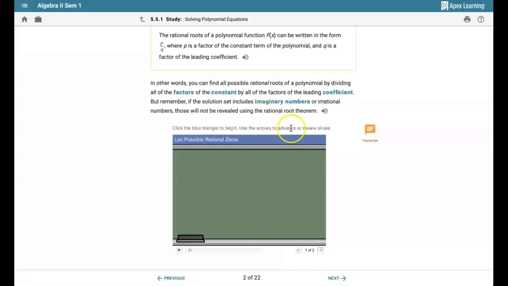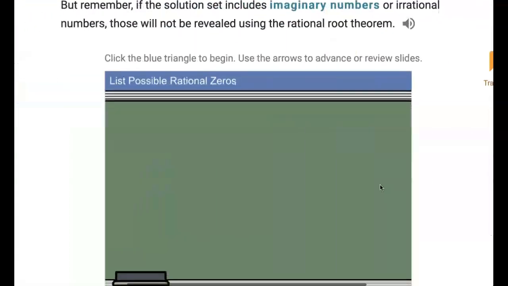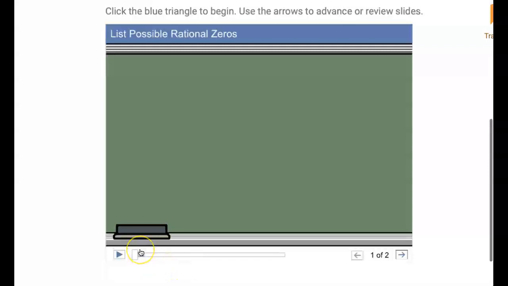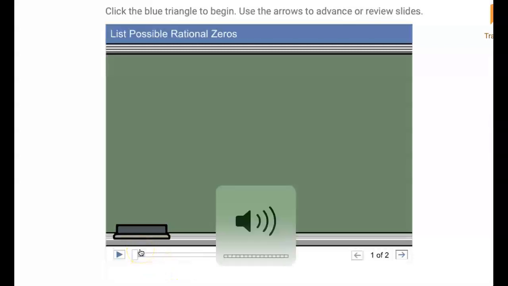Imaginary are complex numbers, with the use of the letter i, again i standing for the square root of negative 1. So that would be our imaginary, and then also our complex. But focusing in here on listing all the possible rational zeros.